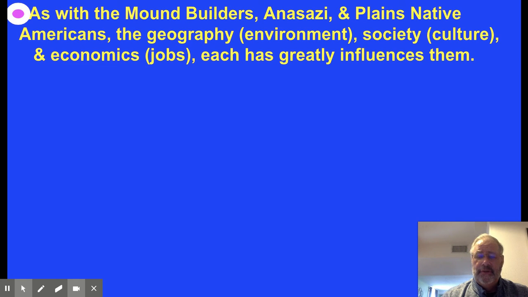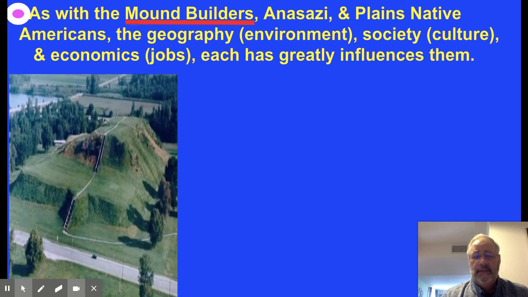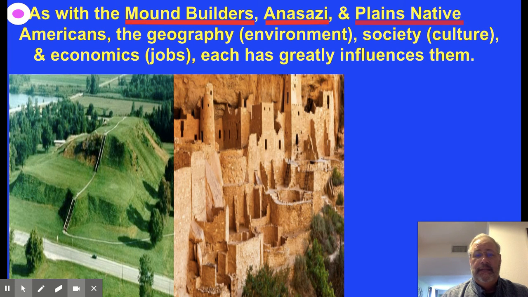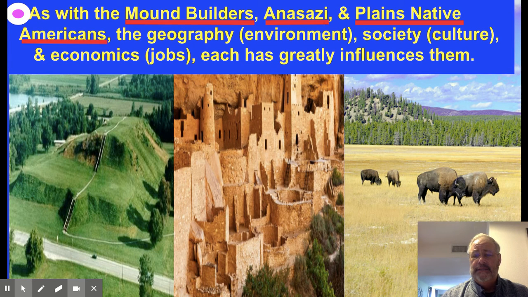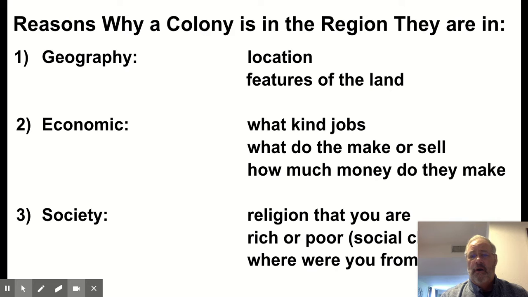As we covered earlier in the year with the mound builders, the Anasazi Indians of the Southwest, and the Plains Native Americans, the geography of these environments of these three regions, the society and culture, and the economics all greatly influenced all three of these.